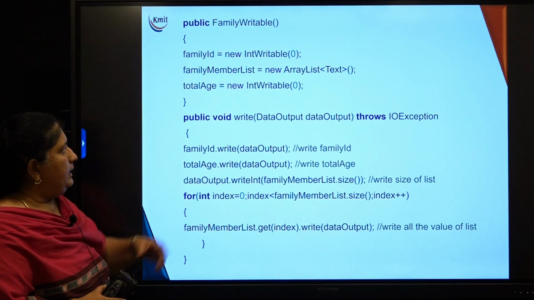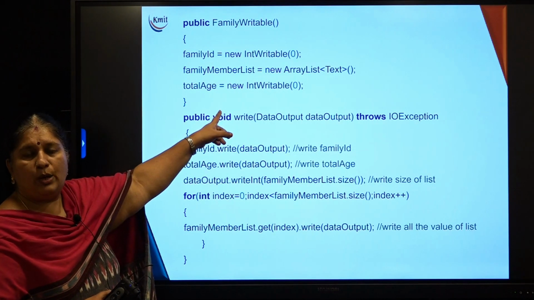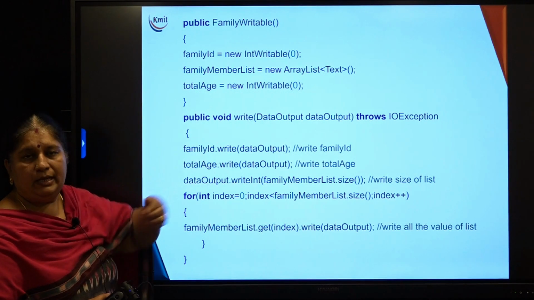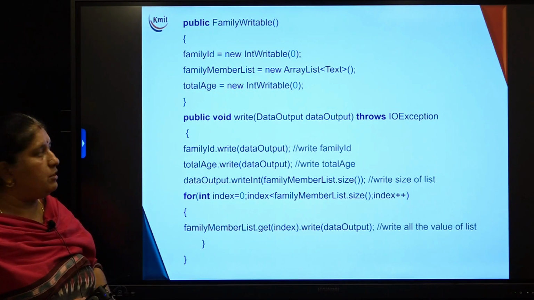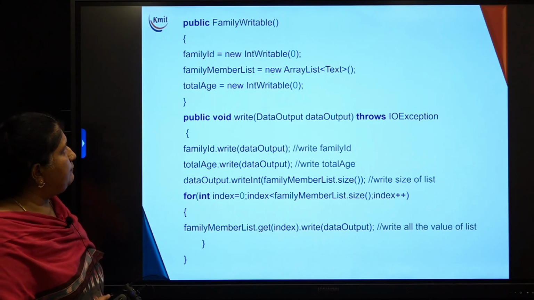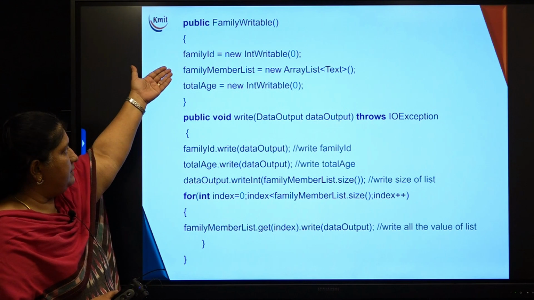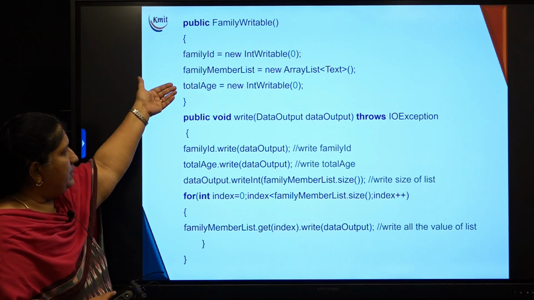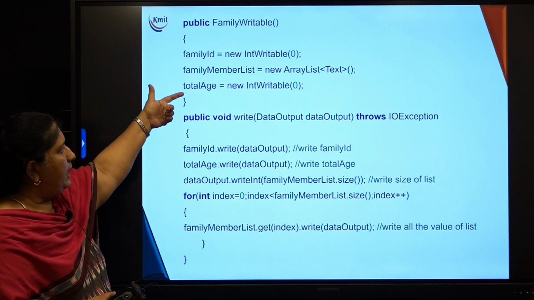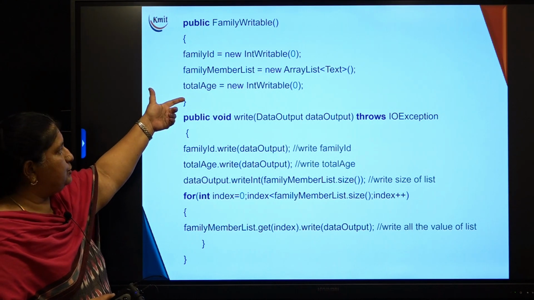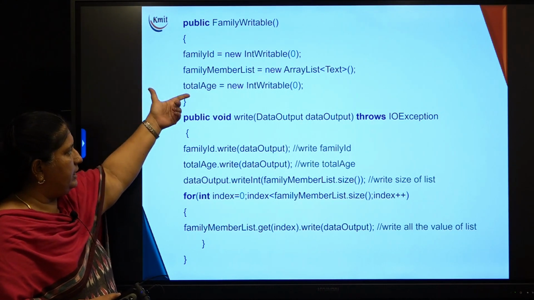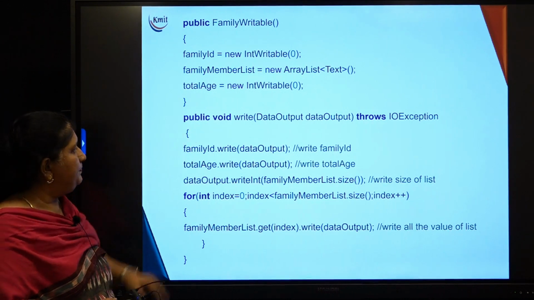Then we are writing the default constructor. This is one more requirement of implementing a custom writable. I have written the default constructor FamilyWritable, wherein the family ID and the family members list are initialized to null, and total age is initialized to 0, because these are integer data types.